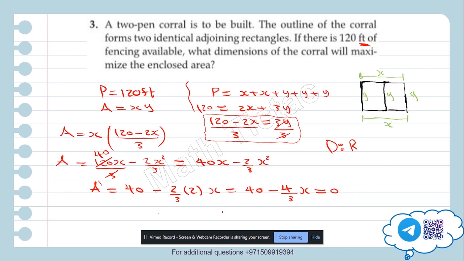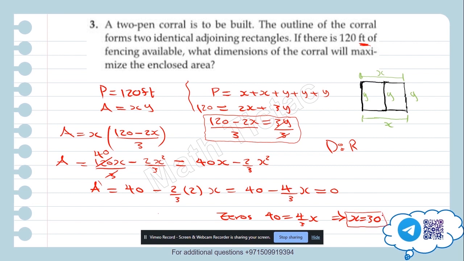So 40 equal to 4 over 3 x. Then after that, I will multiply by 3 and divide by 4. So 3 multiplied by 40 is 120, divided by 4 is equal to 30. So that will give me x equal to 30.